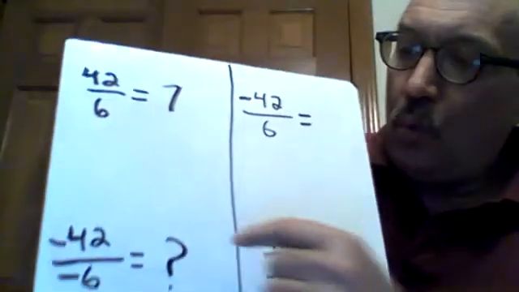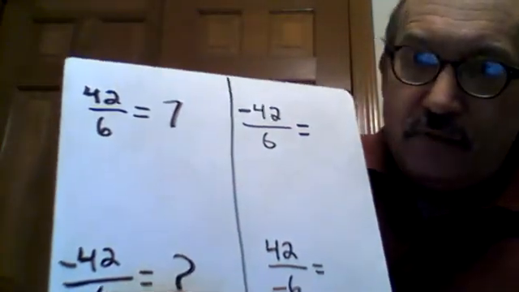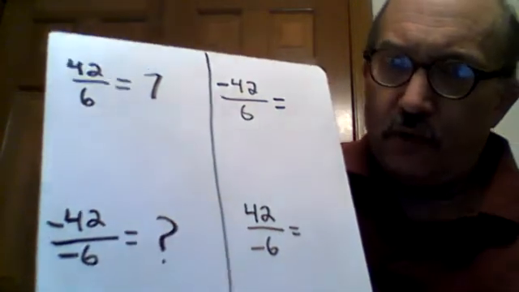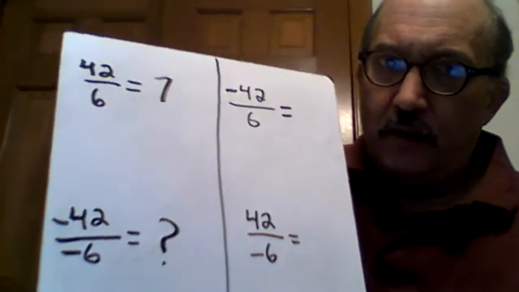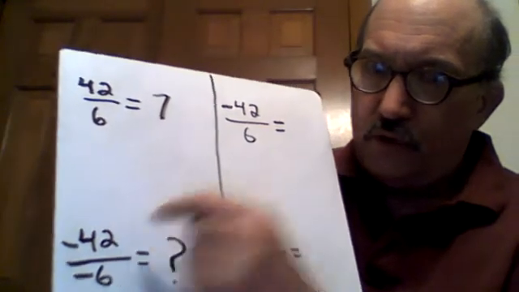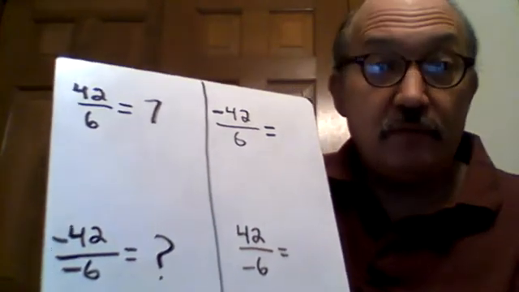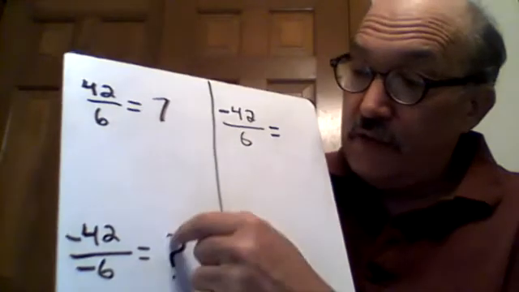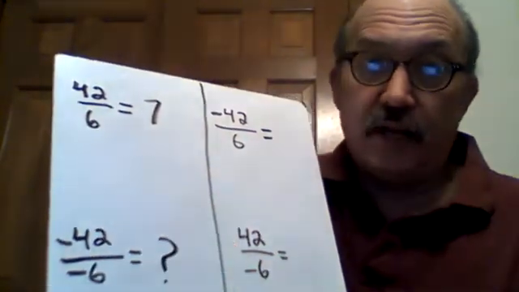What do you multiply negative 6 by to get negative 42? Now think about that. The number you multiply negative 6 by to get negative 42 is positive 7, right? 7 times negative 6 is negative 42.